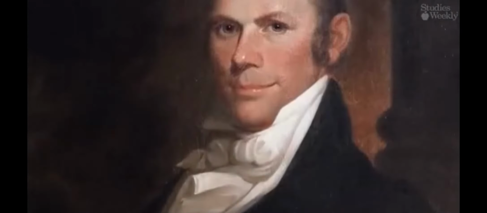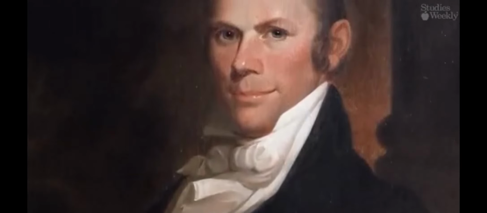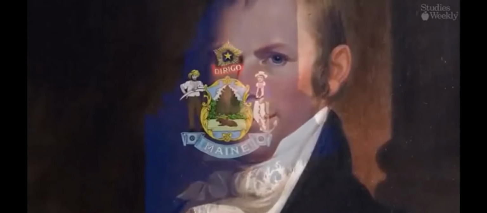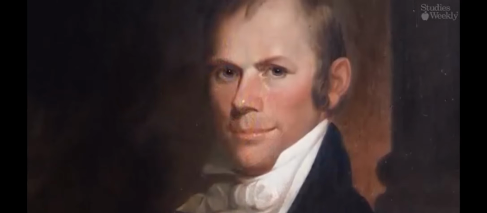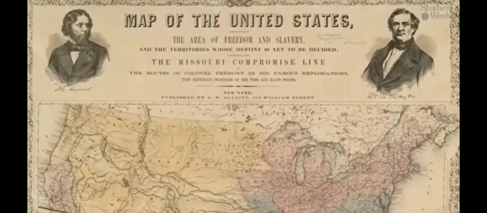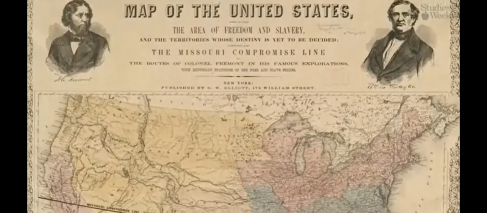So we see with Missouri applying to be a state, the danger of that sectional balance between North and South being disturbed, and that tension caused as a result of that led to the Missouri Compromise, with Missouri coming in as a slave state, Maine coming in as a free state, and then that line of latitude across the country, that imaginary line of separation between slavery and freedom, being drawn to try and deal with this problem going forward.